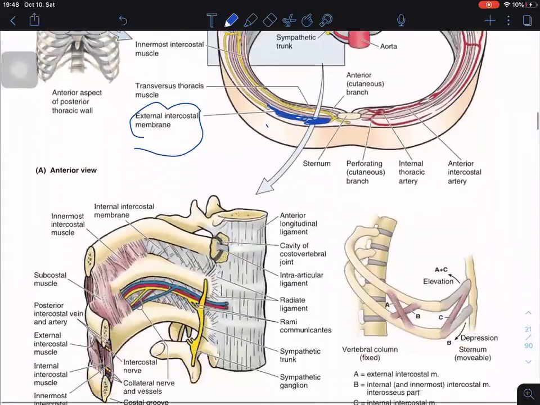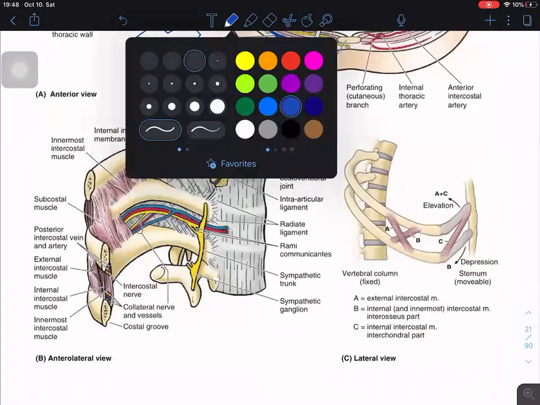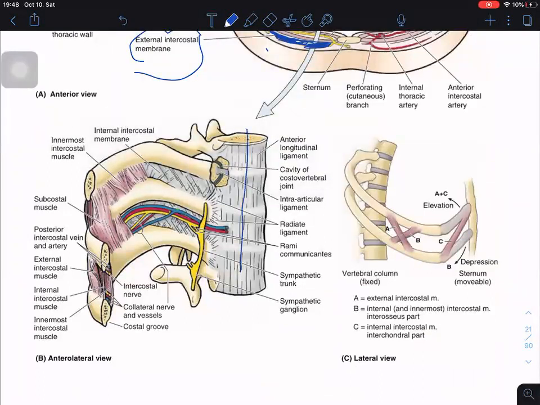If I move down to this picture, this is the anterior view of the vertebral body, and you can find the joint between the head of the ribs and the vertebrae, as you see here. Over here you have the external intercostal, then the internal intercostal. And remember, the innermost muscles, the deeper layers of the internal intercostal muscles, are called the innermost intercostal muscles.